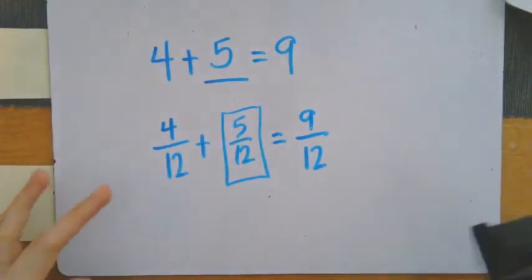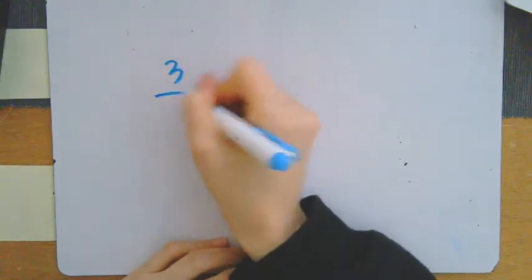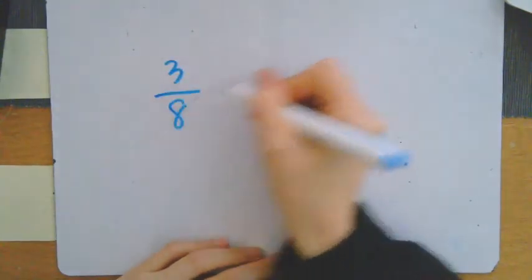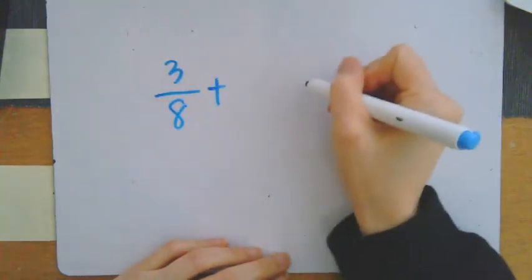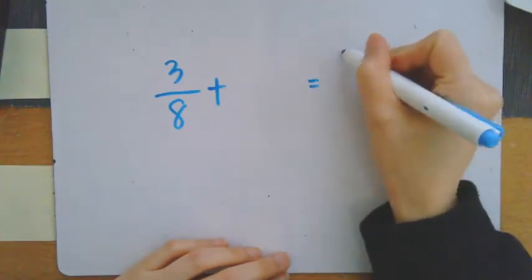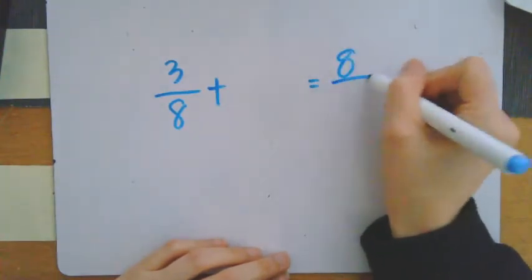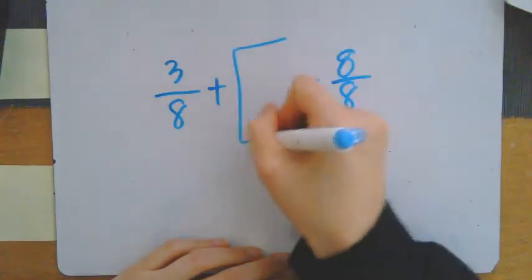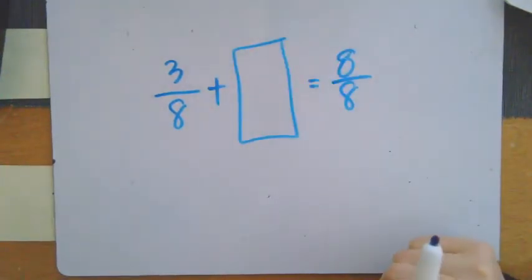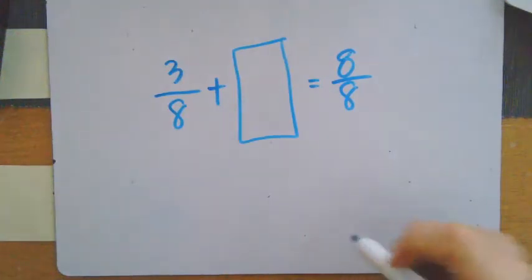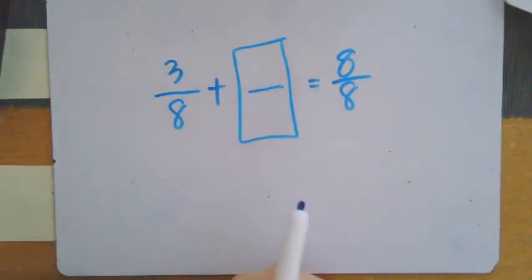No whole numbers, just fractions. All right, so 3/8 plus something is going to give you 8/8. What do you think that fraction is going to be?